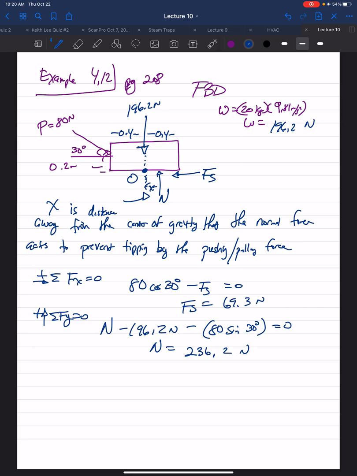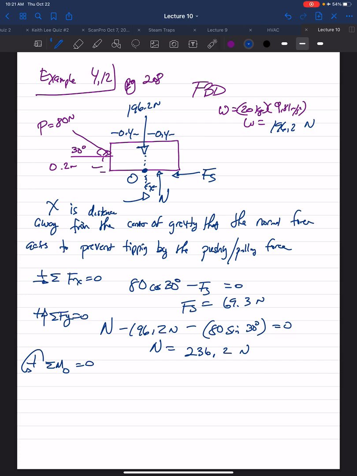Now if we take the moment about point O, to determine where the normal force operates, both the X and the Y components of the 80 newton pushing force create a moment about point O. The horizontal component creates a clockwise rotation, negative.